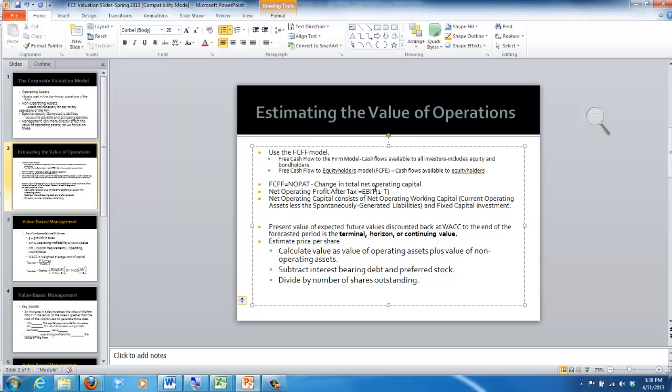To estimate the price per share, we're going to calculate value as the value of operations plus the value of non-operating assets. We add those back in. We're going to subtract out our interest-bearing debt and any preferred stock. In the examples we're going to work, we're not going to have any preferred stock, and your assignment won't either. And then we divide by the number of shares outstanding. We've actually done something similar to this in class before.